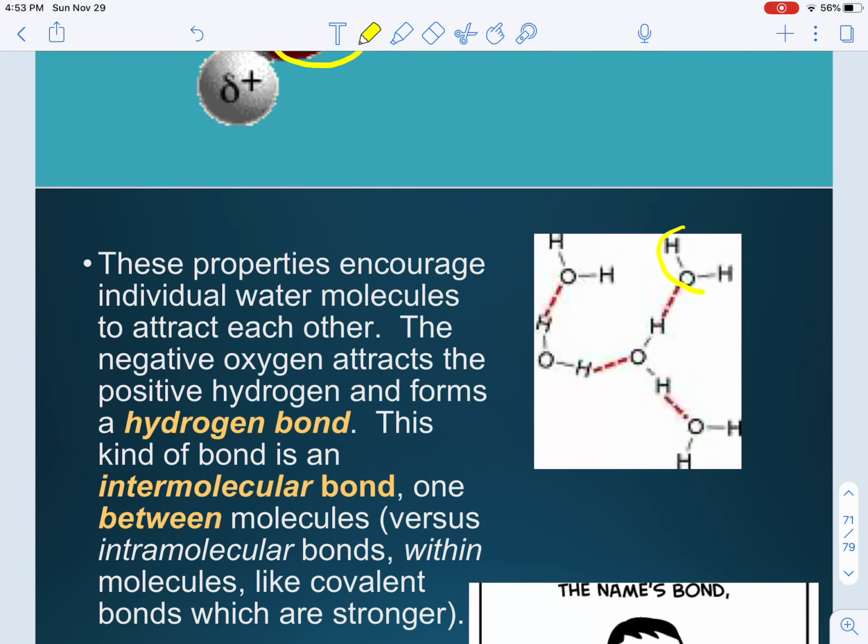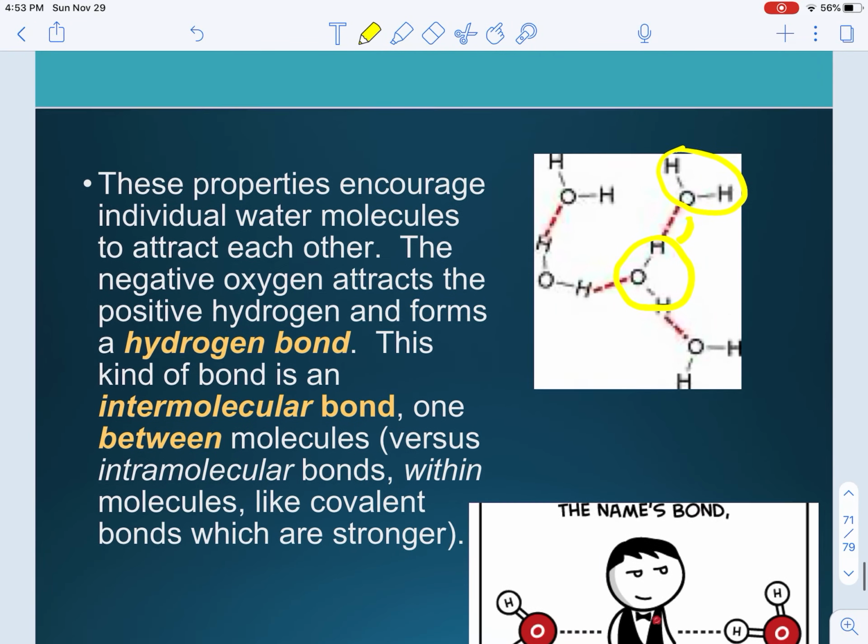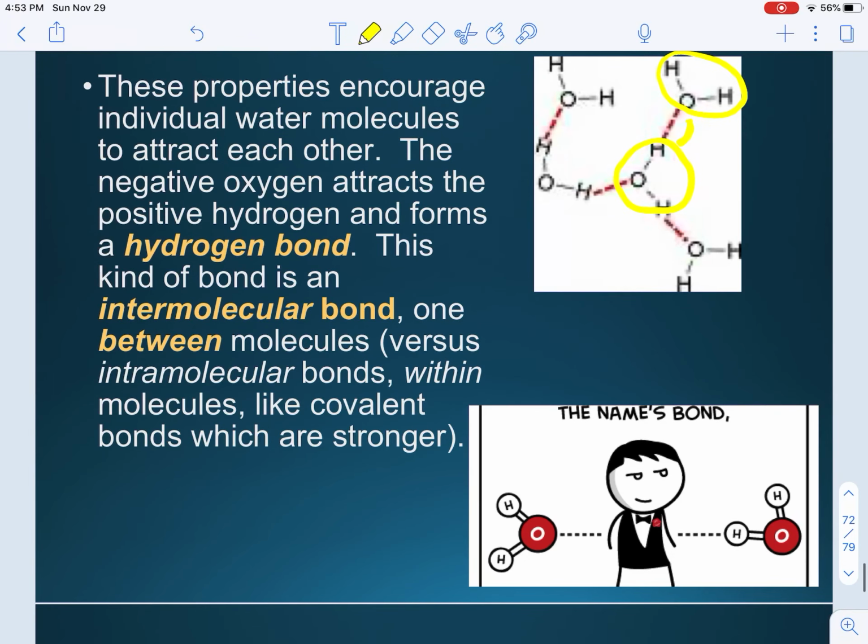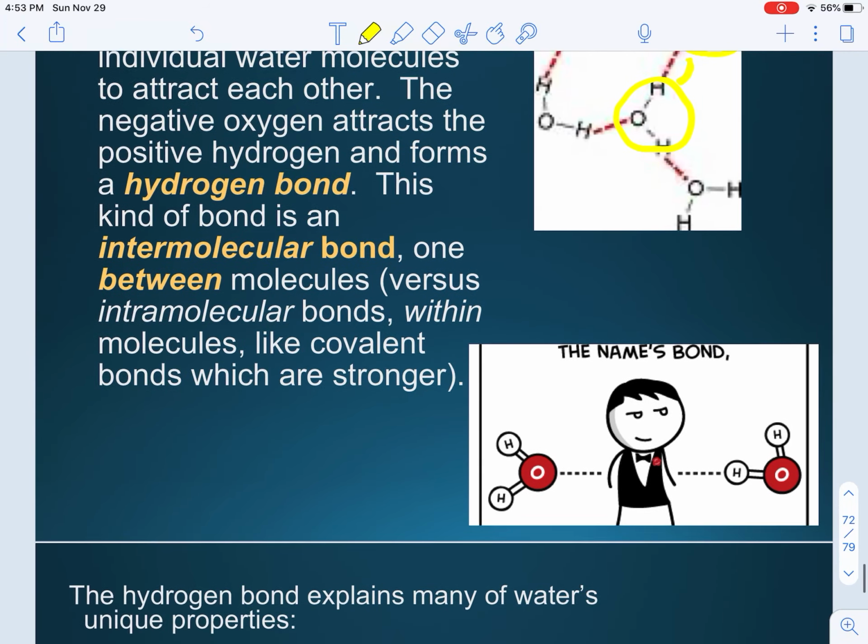So here we have one water molecule attached to another one where the oxygen is attached to nearby hydrogen. This is called an intermolecular bond, which is bonds between one water and another water.